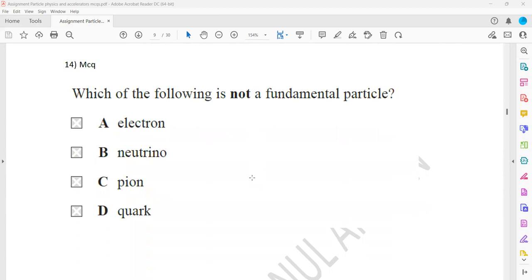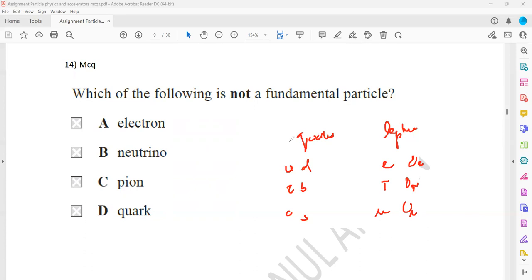Which of the following is not a fundamental particle? The quark family and the lepton family are fundamental. Quarks consist of up, down, top, bottom, charm, strange, and their antiparticles as well. Leptons consist of electron, electron neutrino, tau, tau neutrino, muon, and muon neutrino.